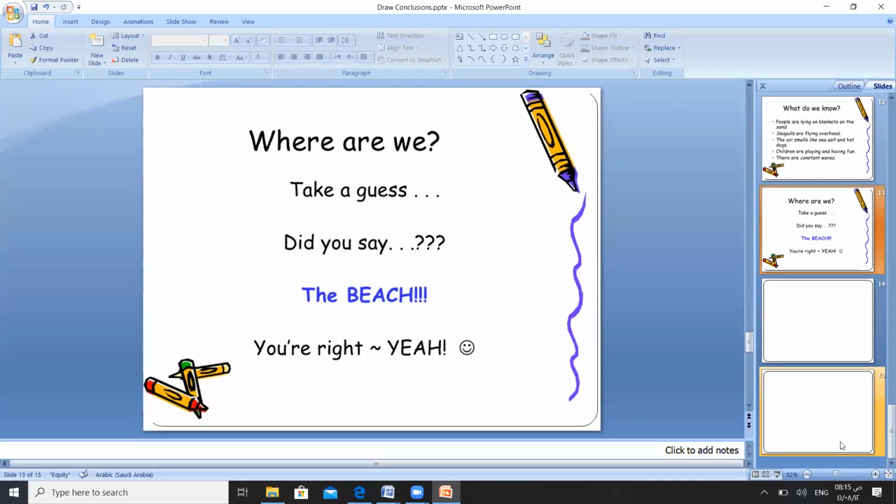So when we want to draw a conclusion, you can draw your conclusion by using what you already know, and from the information and the details from the text, I can draw my conclusion. From the details from inside the text, I can draw my own conclusion about the story or about the page or about anything. Okay, class? So this is drawing conclusion.